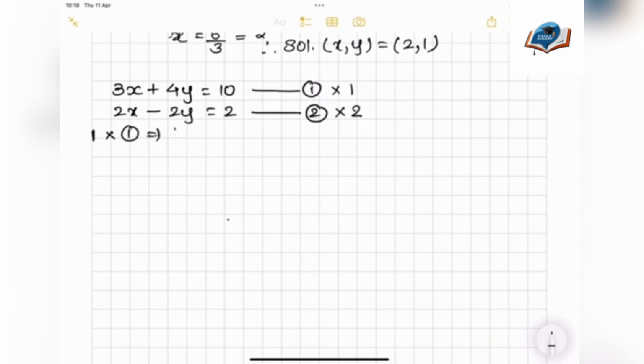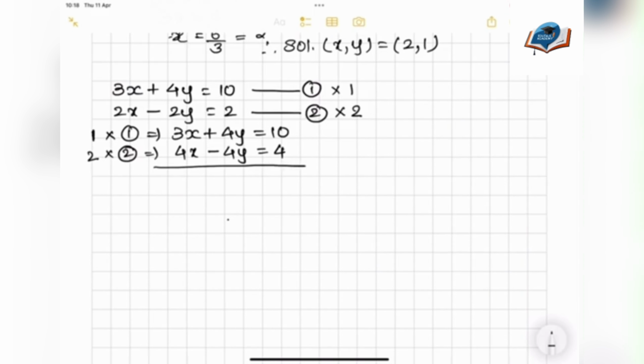If second equation I multiply by 2 and first I am multiplying by 1, I will get my solution. So 1 multiplied by equation 1 will give me 3x plus 4y equal to 10. And second equation with 2, if I multiply, I will get 4x minus 4y equal to 4. Now, I don't need to change the sign.